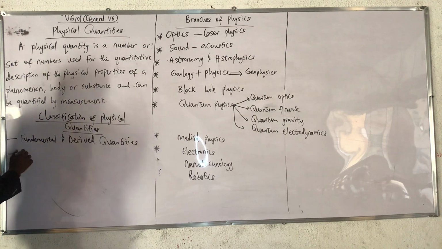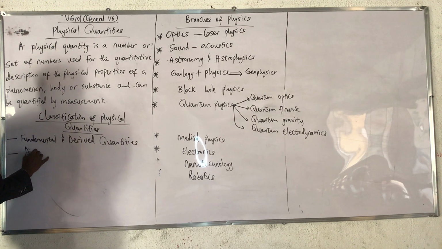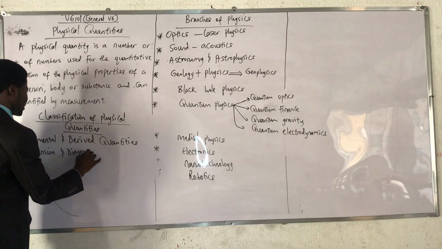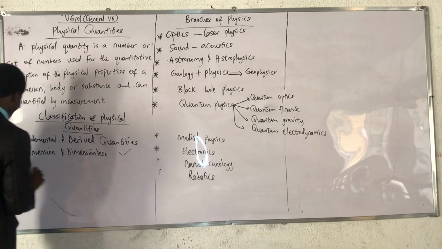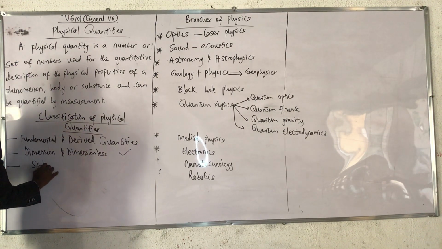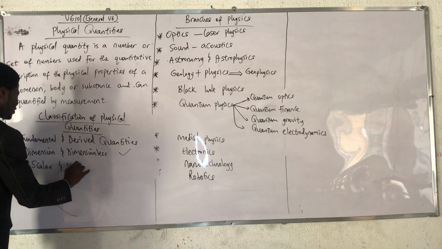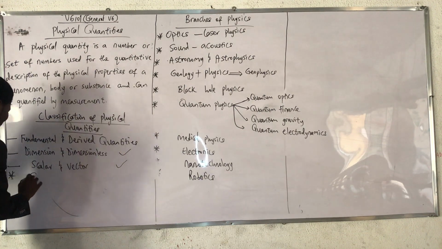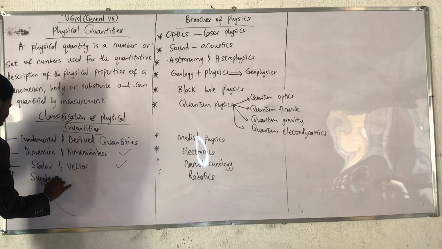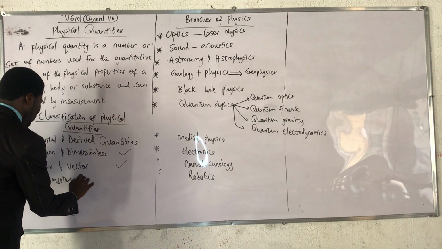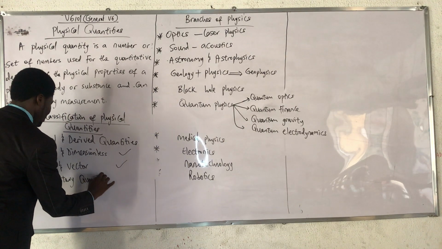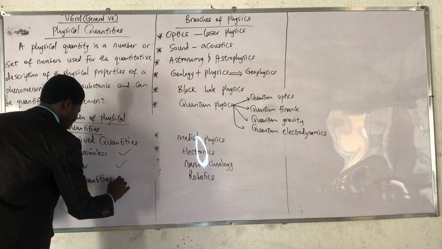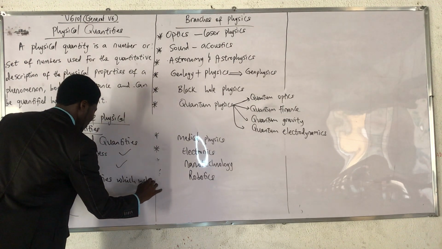We have dimensional and dimensionless quantities. Then we have scalar and vector quantities. And there are 2 special ones called supplementary quantities. They are just 2. You can't classify them into any of these, so they are on their own.